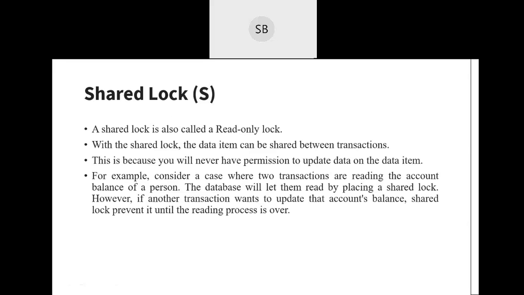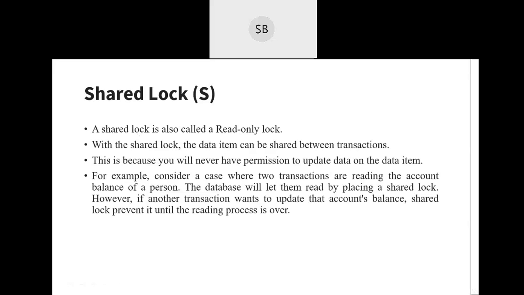Suppose even only one seat is available. If we go for making the update, this is not possible with a shared lock. Then only one person will get the seat, right? So here reading is allowed. You are not able to make any changes. You are not able to update any value.